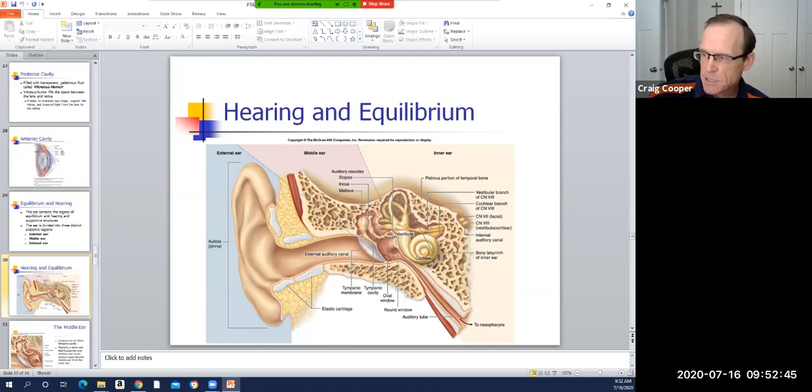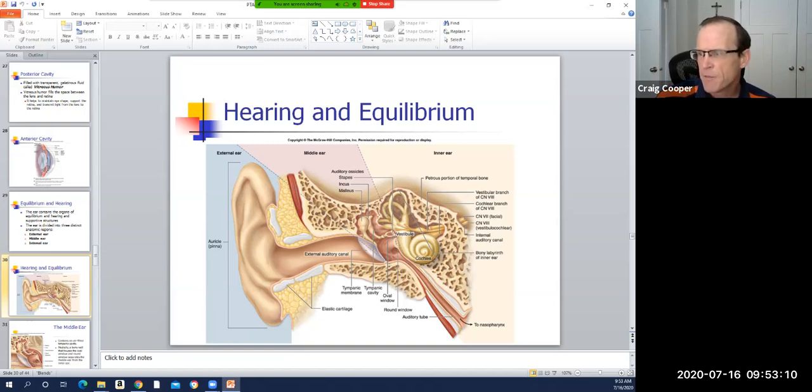The bigger branch that's coming down and tying into this little snail shell, the cochlea, that's the cochlear branch of that nerve. So it enters into that space as one big nerve, but then it deviates so that we have the specific branches that are in charge of the cochlear function and the part that's controlling impulses coming into the vestibular portion. And so we'll look at all those and how they work a little bit.